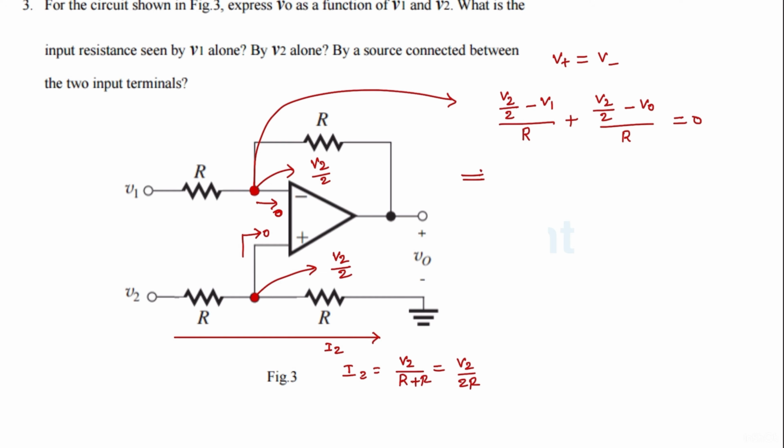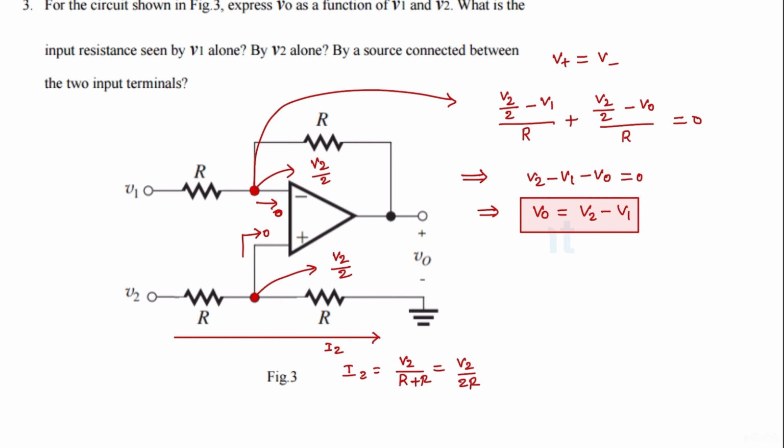By simplifying the terms, I'll get V2 minus V1 minus V0 is 0. By rearranging the terms, we can easily write the relation between V1 and V2 with V0: V0 is equal to V2 minus V1. This is the most important equation for this problem.